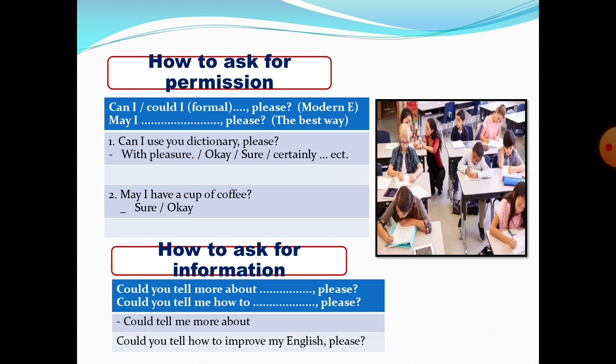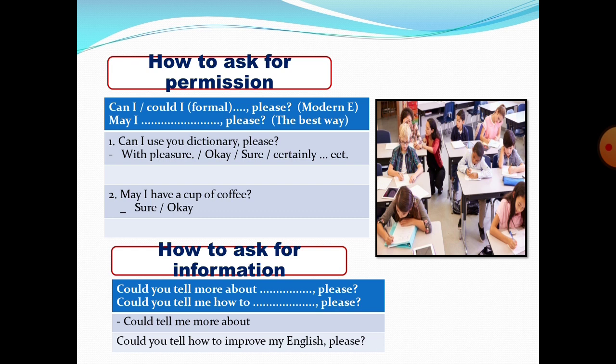The last one I'd like to discuss is how to ask for more information. For example, you would like to improve your English and you would like to listen to your teacher's advice. So I can say, Mr. Muhammad, could you tell me how to improve my English?